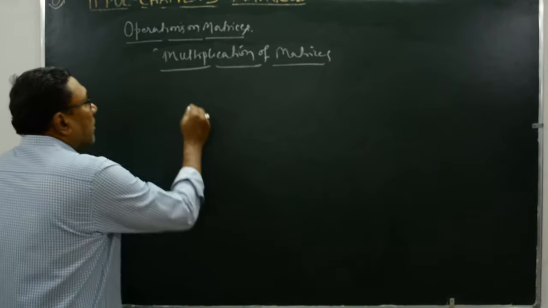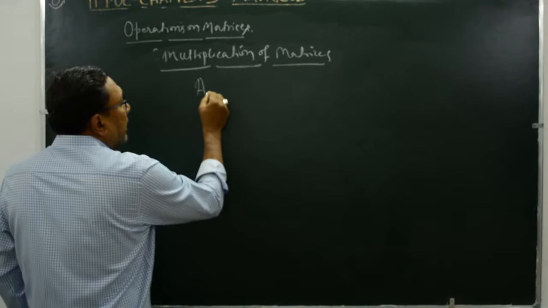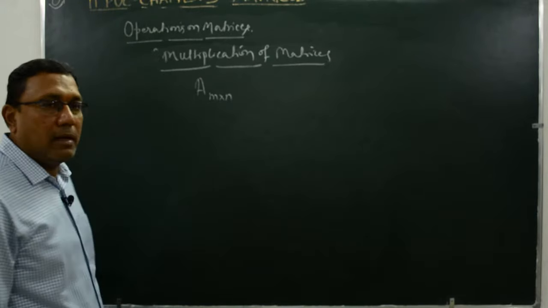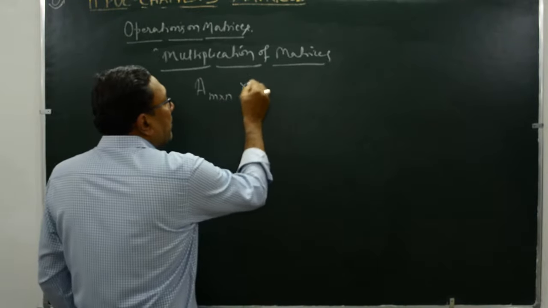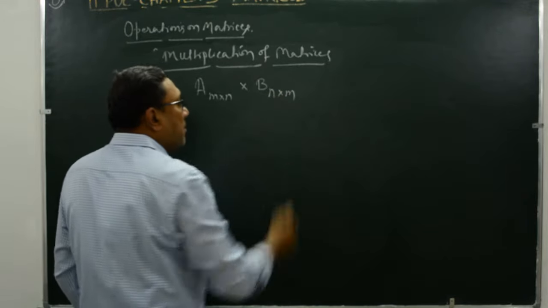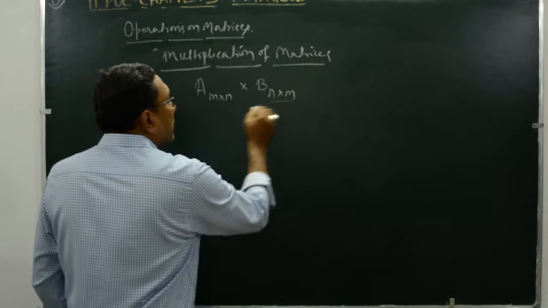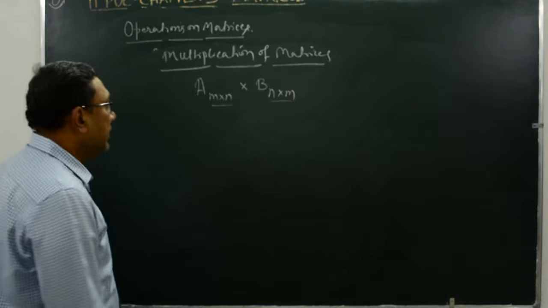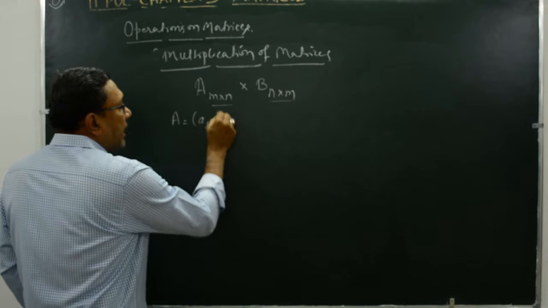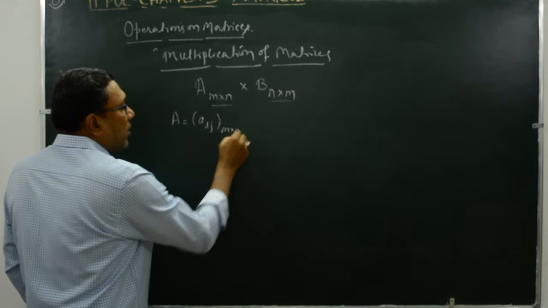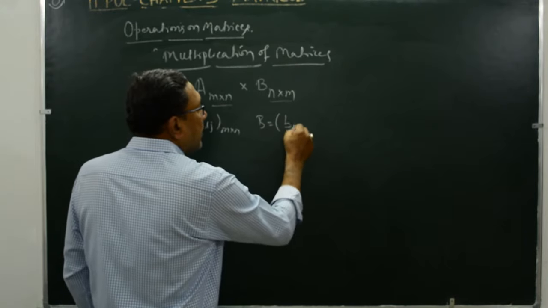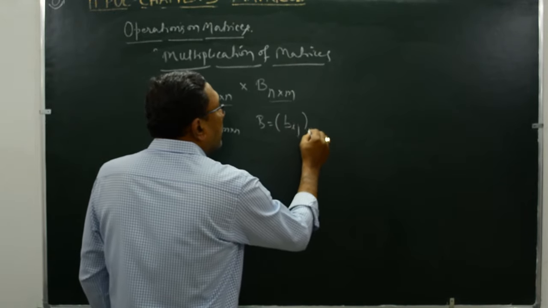Please understand, when you are taking a matrix A of m by n, if it is multiplied by B, which is a matrix of n into m, this is the important note that you have to follow: A is a matrix with elements Aij of order m cross n, and B is a matrix of Bij of order n cross m.